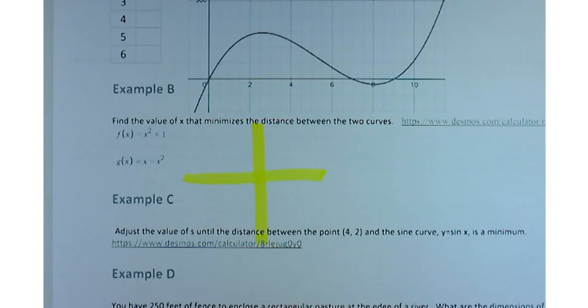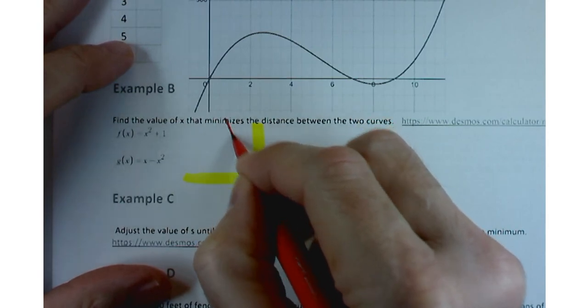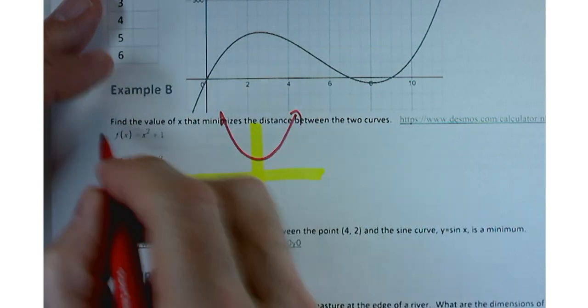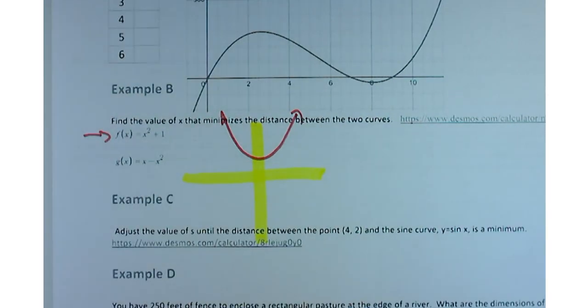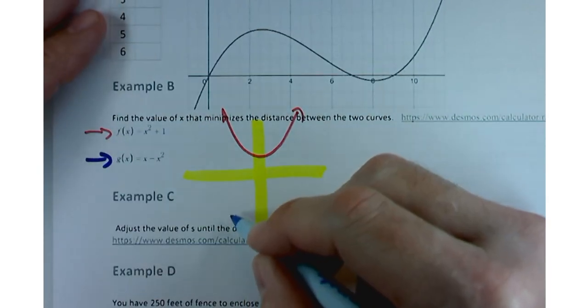So we've got a nice parabola that faces up like that. That's in red. And then I'll do another one in blue. That one's going to face down.